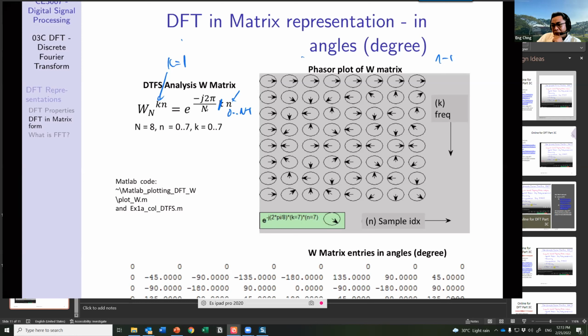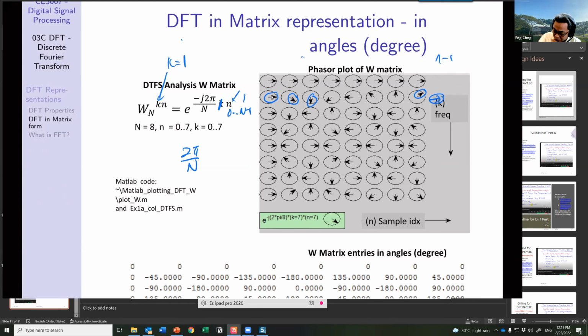I'm going to move my arrow, and each time I move my arrow one step in n, I'm going to move by 2π over N radians. So it's rotating clockwise. After N minus 1 steps, it's going to reach the last point. At the Nth time, where is it going to land? It's going to land exactly here again. So it will take N times before it repeats.